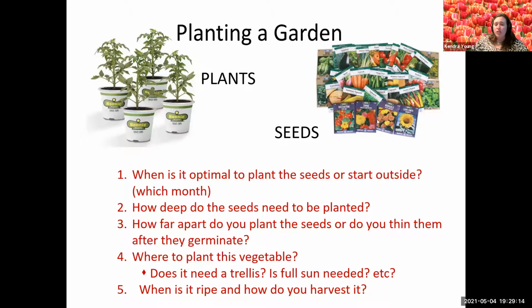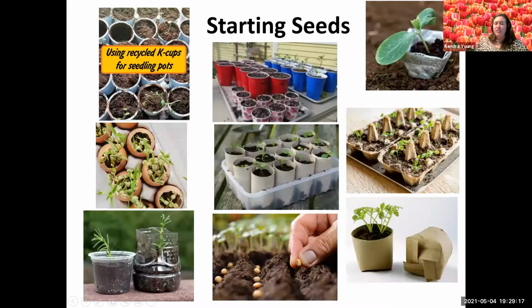So if you choose to plant with seeds, there are lots of ways to start your seeds. You can recycle items, like if your parents use coffee K-cups, the Keurig machine cups, those are a great size for starting seeds, or solo cups, or bathroom cups. You can make your own pots with newspaper.